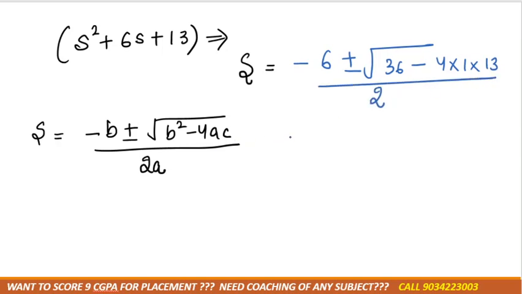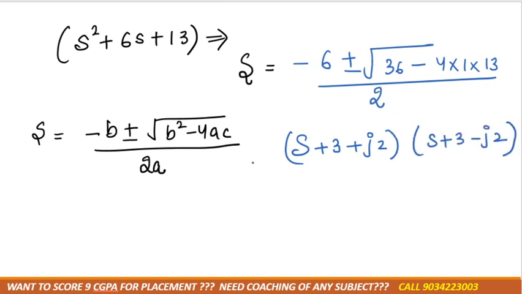So if we solve it, we'll get s plus 3 plus j and s plus 3 minus j. Got it? From this we can see that these are the complex poles, right?